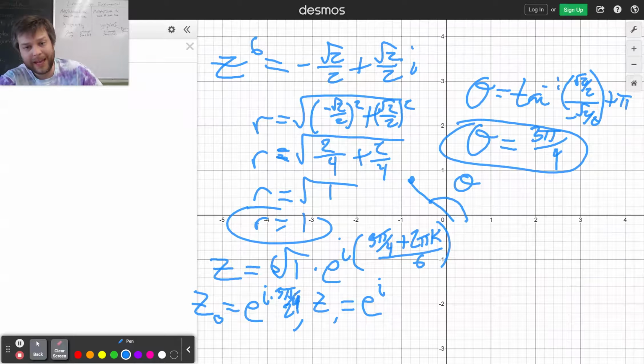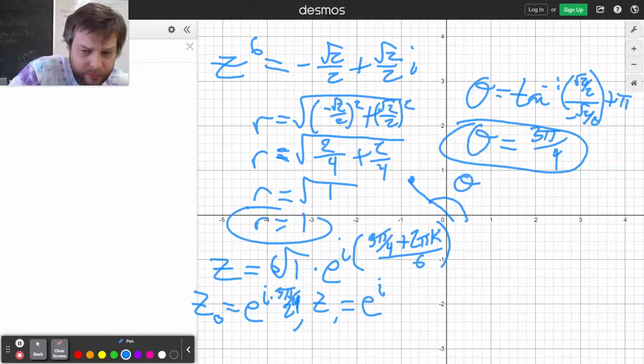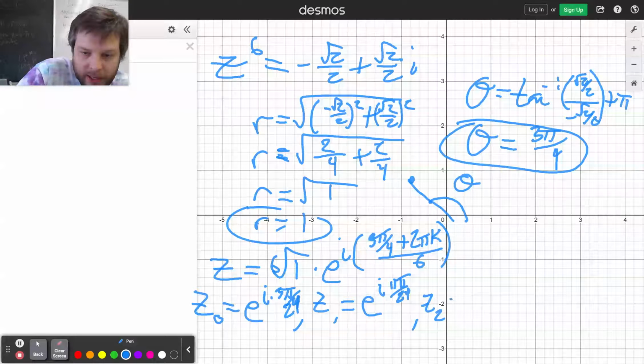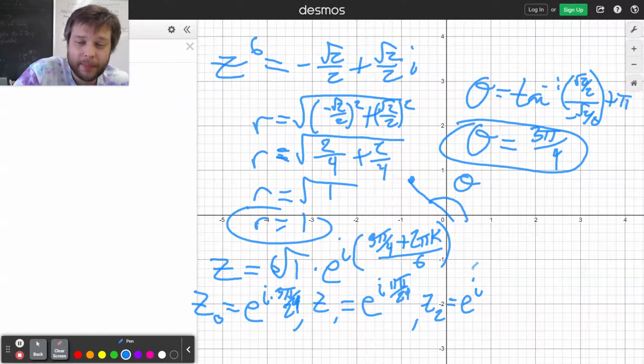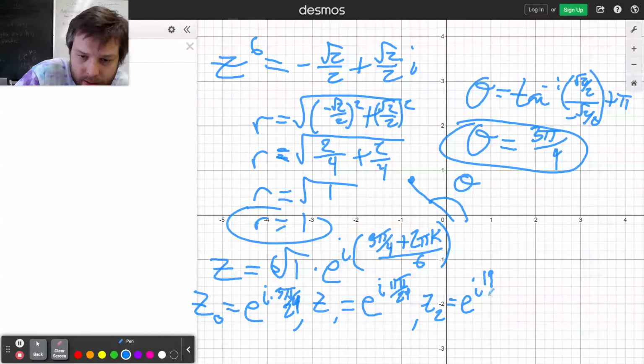The next one, I'm going to add 2 pi k to that. So that's 11 pi over 4, 11 pi over 24. So for z2, I'm going to have e to the i, adding 4 pi, which is like 16 over 4, so we have 19 pi over 24.